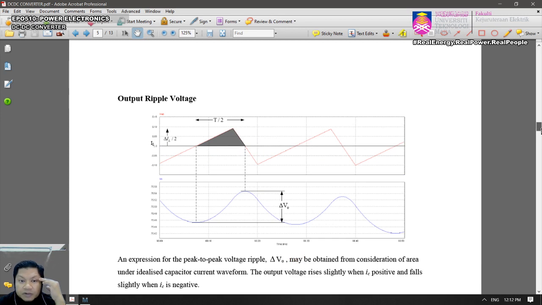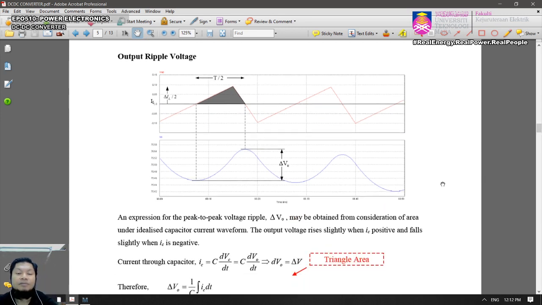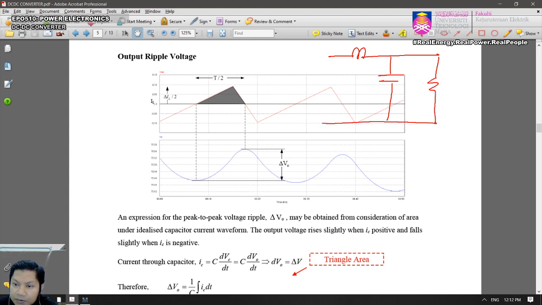Okay, for the output ripple voltage, you need to understand the current of the capacitor. So just now I did mention to you, at the output side you're going to have your inductor, capacitor, and your output, isn't it?